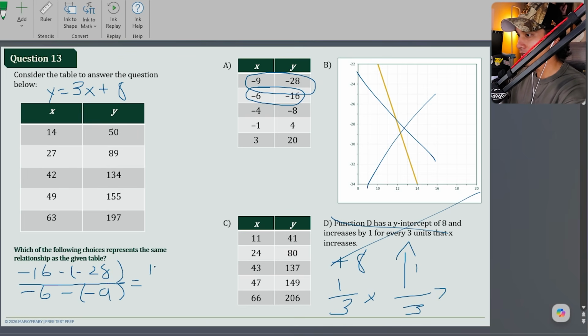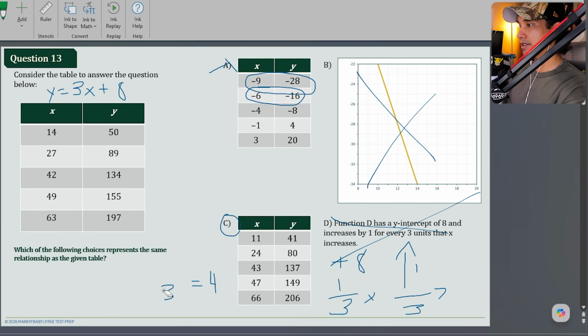That's going to give me 12 over, and then this one is +9 minus 6, 3, giving me m equaling 4, which is incorrect, giving us C as the correct answer choice here. And why? Why, you say?